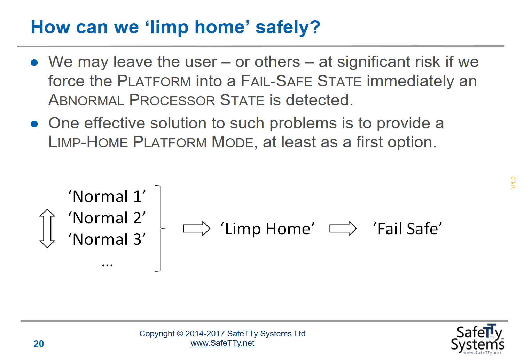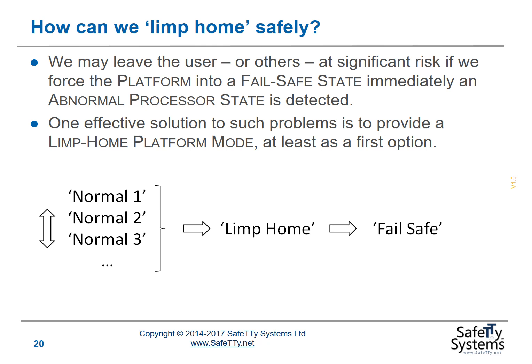One way we can deal with this is to provide a limp home platform mode at least as a first option. So we might have a number of normal processor states, and while the system is operating correctly, without faults, we may change between these different normal operating modes.